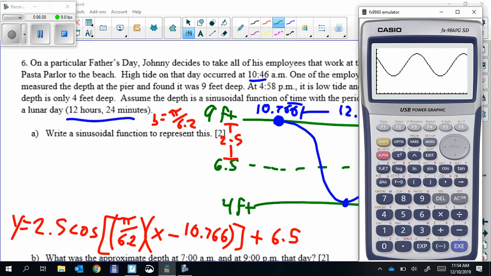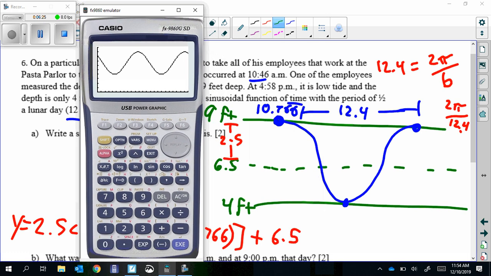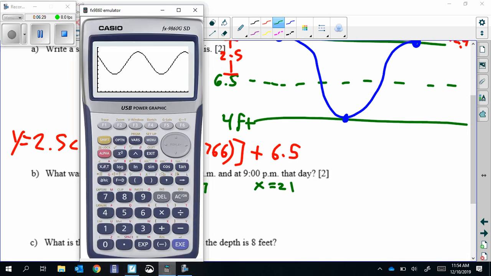If you get a straight line, that's because you're in degrees, if it doesn't have the curves to it. So now we can find the depth at x equals 7 and x equals 21.